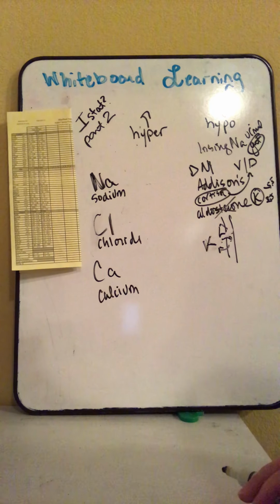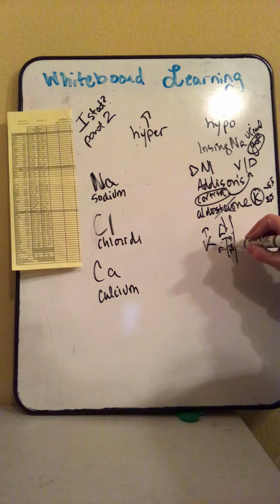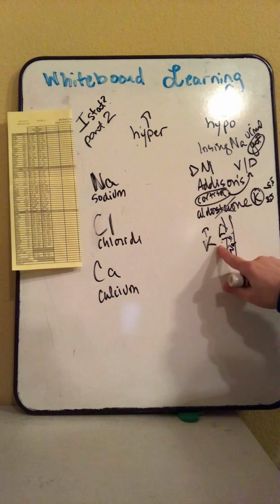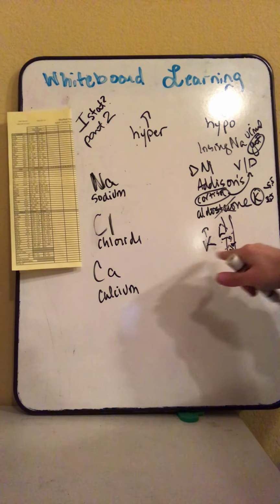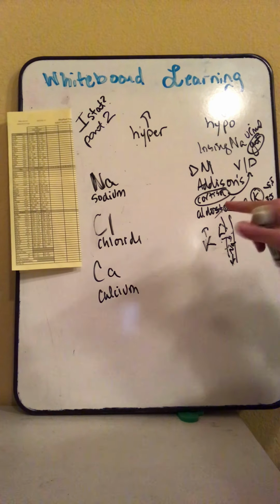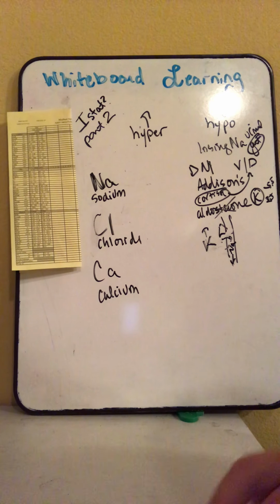So Addisonians can have hyperkalemia and hyponatremia because they're losing the sodium in the urine instead of it being resorbed in exchange for potassium. So aldosterone deficiency in Addison's can cause that. And those are probably the main things that we see cause a hyponatremia.